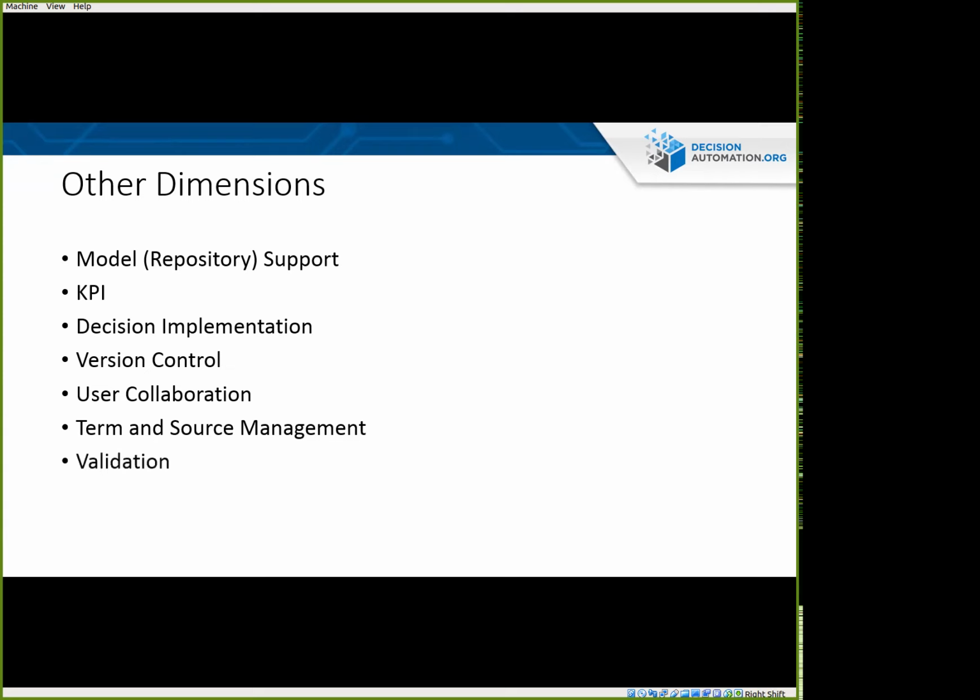Validation is about features like first, second, and third normal form violations, static analysis, range validation, the impact analysis, what would change if we did this, and also includes utilities like the compaction of rule sets.